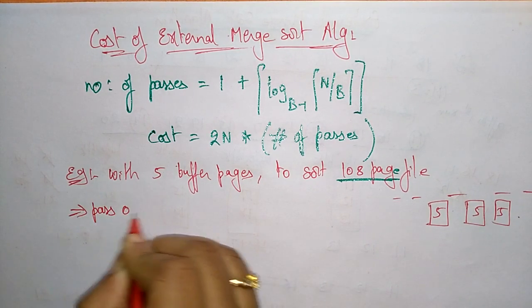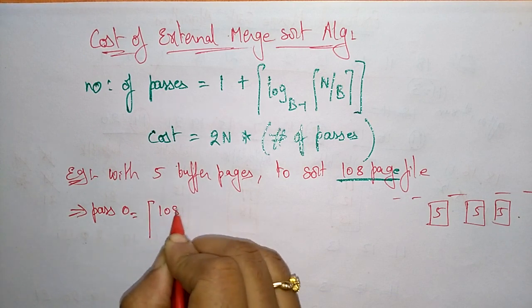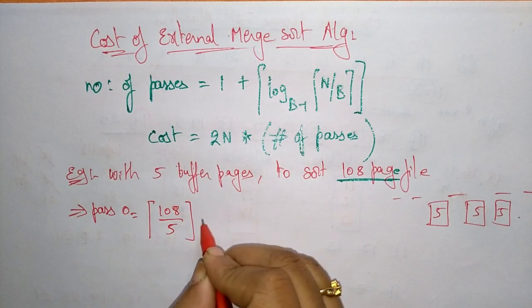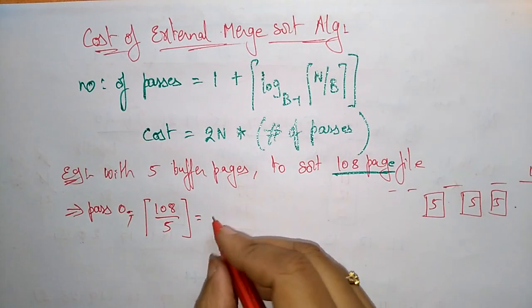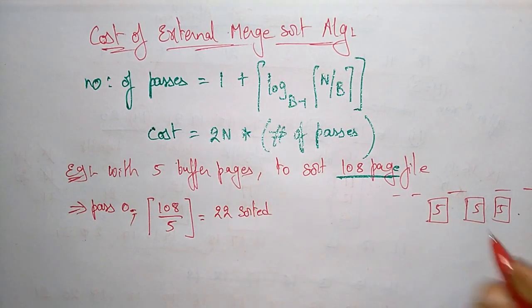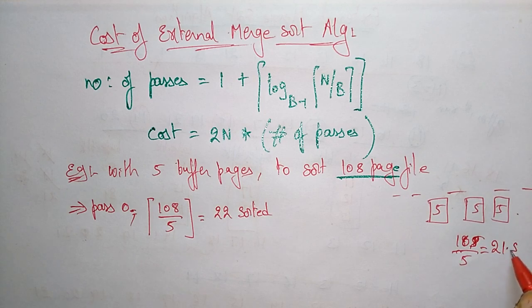Now see the first pass, pass 0. What's the operation here? Ceil of 108 pages by 5. Here how will you get 22? 108 by 5 is 21.6.